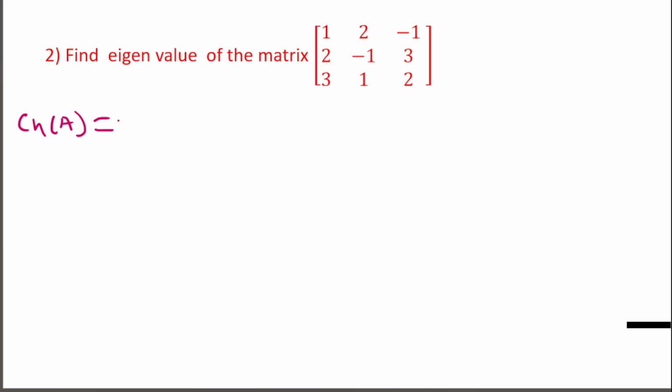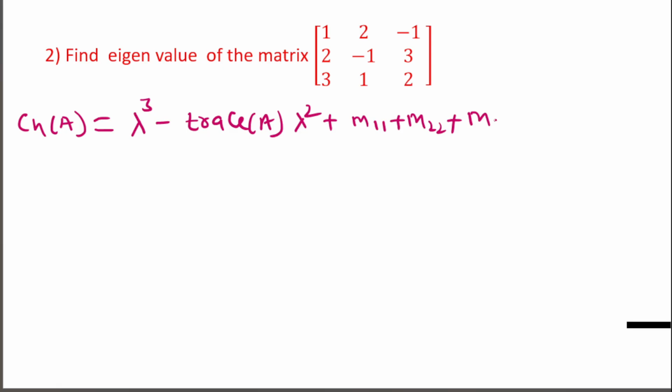The characteristic equation for a 3 cross 3 matrix is lambda cube minus trace of A into lambda square plus m11 plus m22 plus m33 into lambda, next minus determinant of A. This is the trick to find the characteristic equation of a 3 cross 3 matrix.